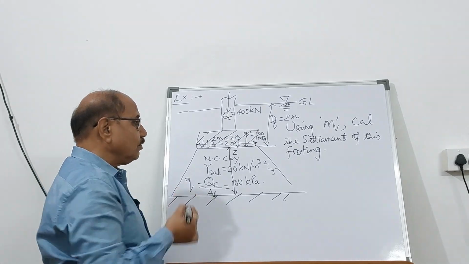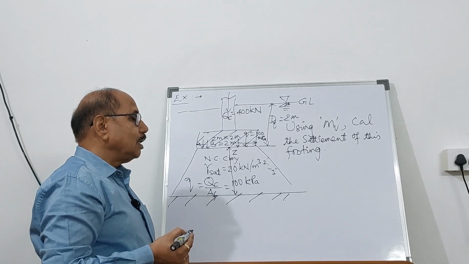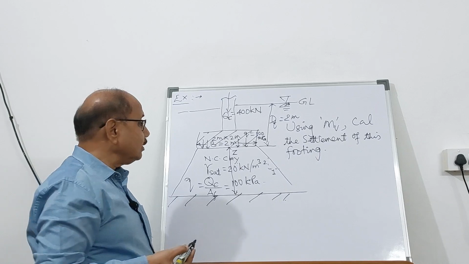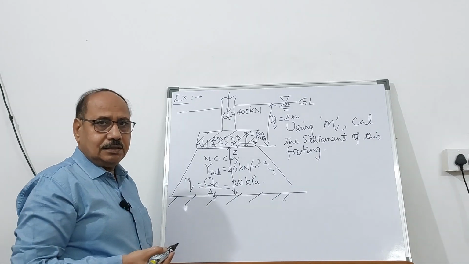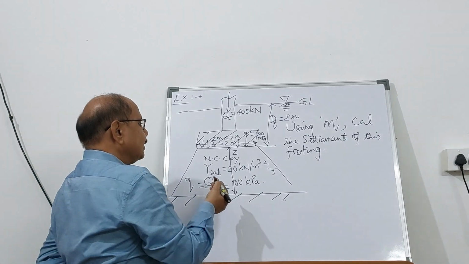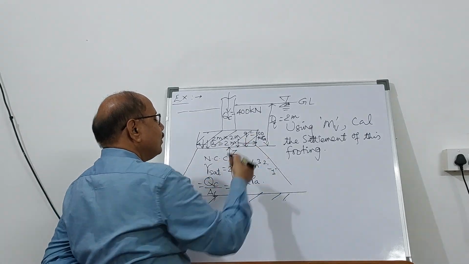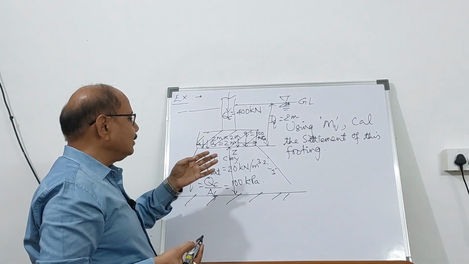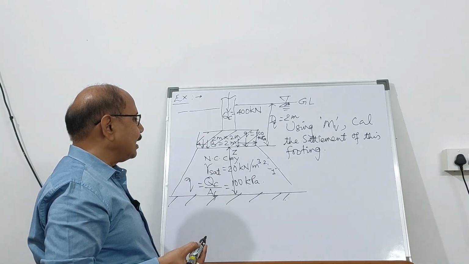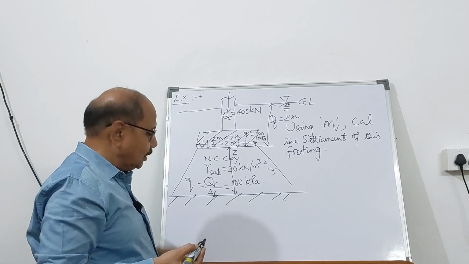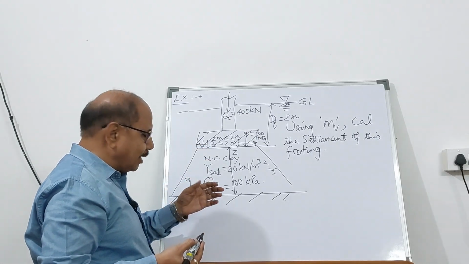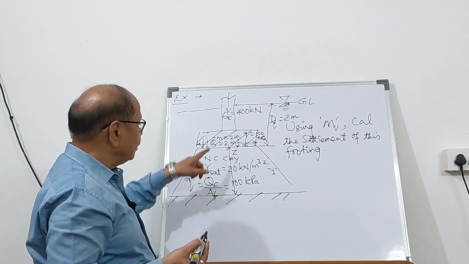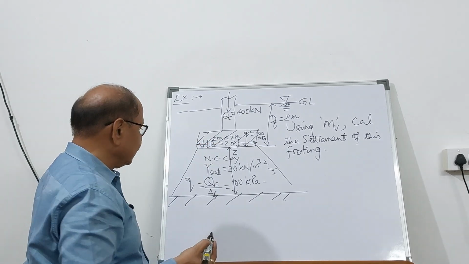So this zone of influence, normally we take from shear criteria 2 times the width of the footing, but you can calculate it. Let's say the zone of influence is where the intensity of loading which is acting at the base of the footing is going to decrease and becomes almost 10% of the intensity of this loading.